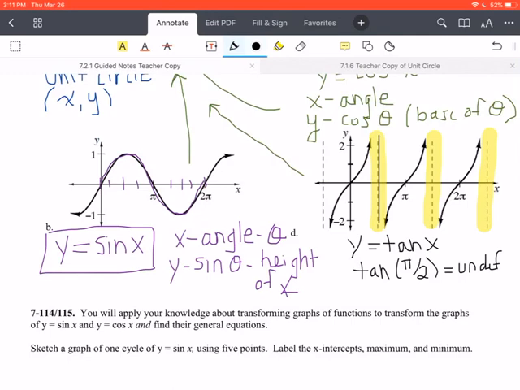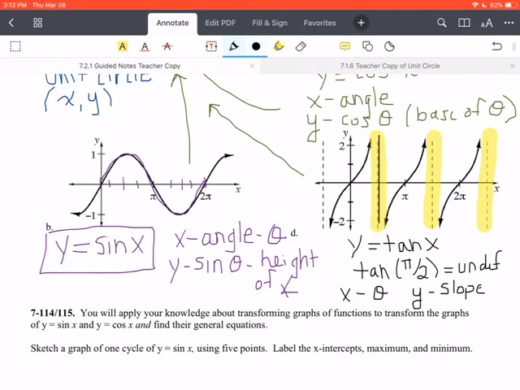So in this case, x is going to represent the angle I just talked about, pi over 2, so that's an example of an angle. And then y, the output, the vertical value on the graph, is going to represent the tangent, which is really the slope of the radius in the unit circle.